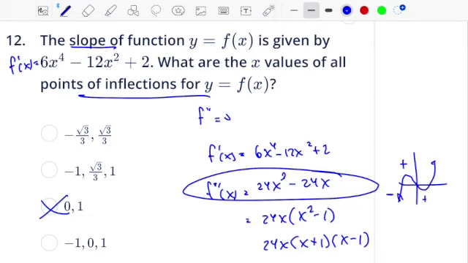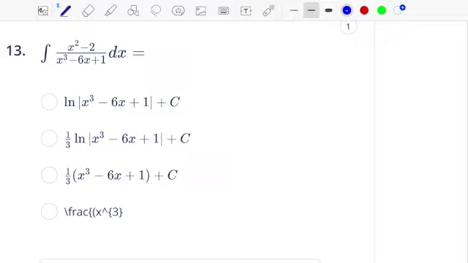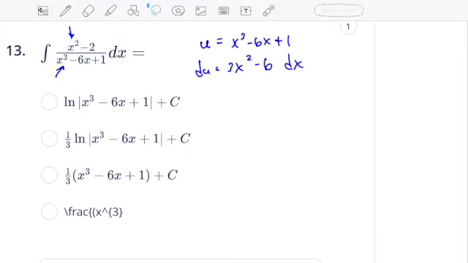Next up. All right, integral. I'm seeing x cubed, I'm seeing x squared, it's u sub. u is x cubed minus 6x plus 1, and du is going to be 3x squared minus 6 dx. That's really close to what's up top. du is going to be 3x squared minus 2 dx. Factor it.